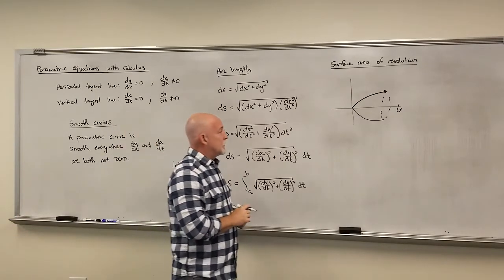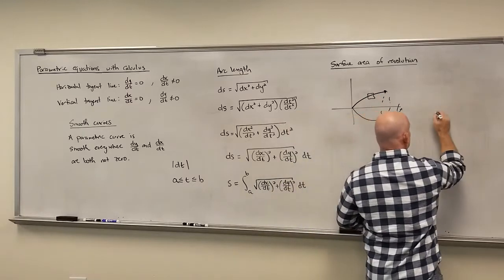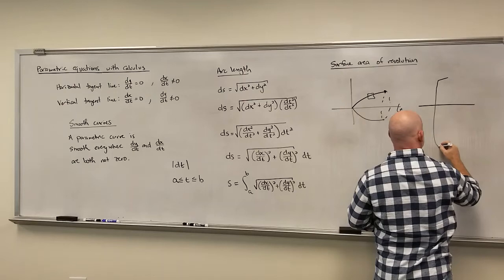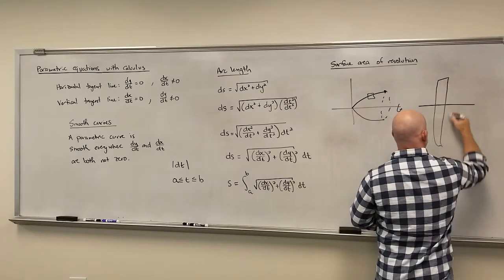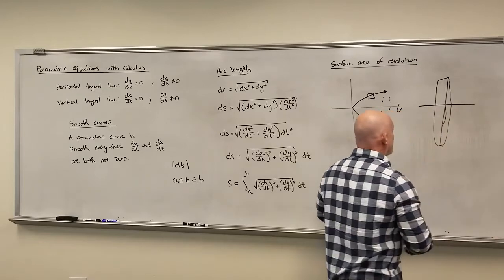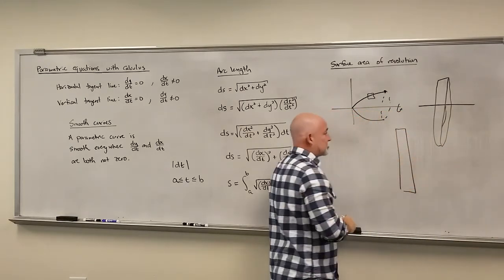Remember, the way that we did this is we took a little strip out of here. Think about that as our axis. We took that little strip and we rotated it around the x-axis, and we got kind of this ribbon shape. Then we cut that ribbon shape out and we got this strip.